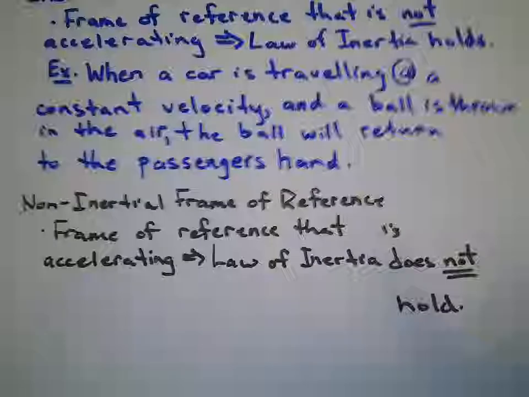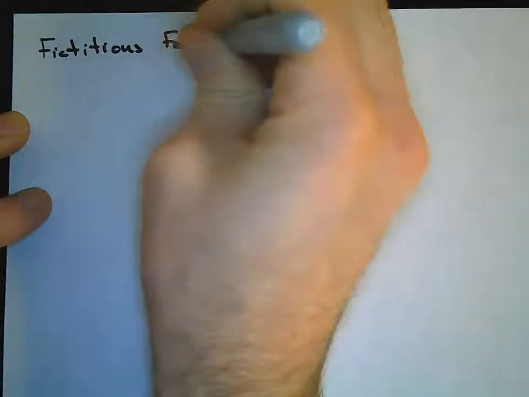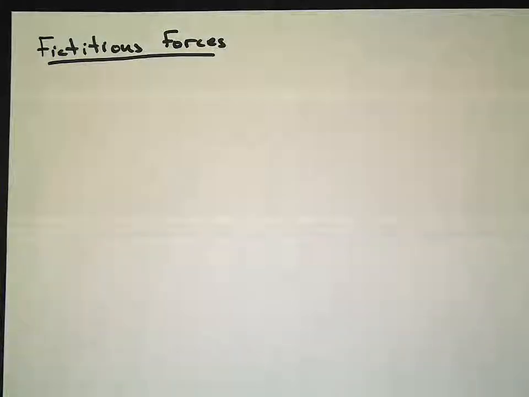What we have done in physics in order to analyze motion of non-inertial frames of reference is create fictitious forces. And as this is named, you can probably hypothesize what this actually means.